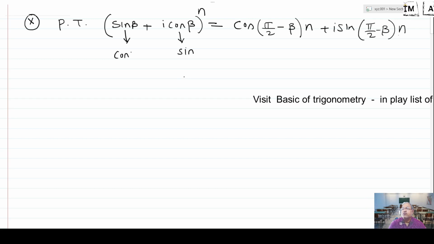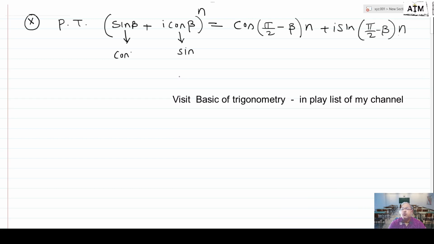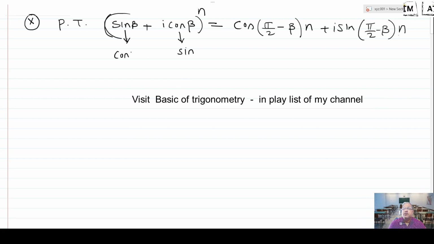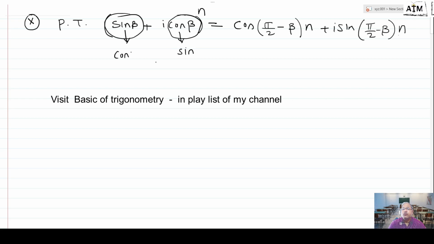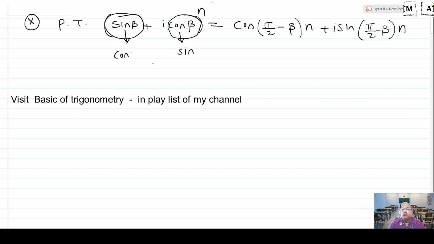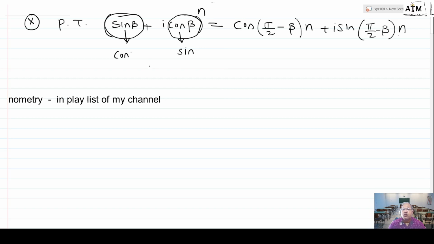Then only we can prove the RHS, and De Moivre's theorem is applicable if here is a cos and here is a sin. So first of all, we need to convert these trigonometric functions. Sin has to be converted into cos and cos has to be converted into sin. Then only we can get the RHS value.